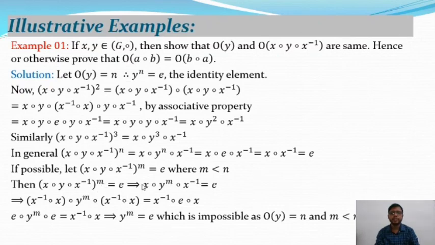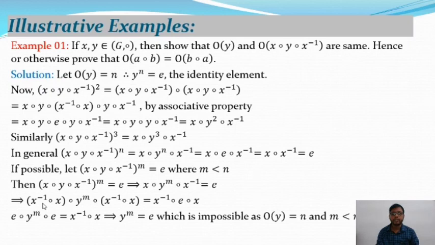So from this we'll get x composition y to the power m composition x inverse is equal to e. So in that case I have applied the previous properties. Therefore x composition y composition x inverse whole to the power m is equal to x composition y to the power m composition x to the power minus 1, which is equal to e.